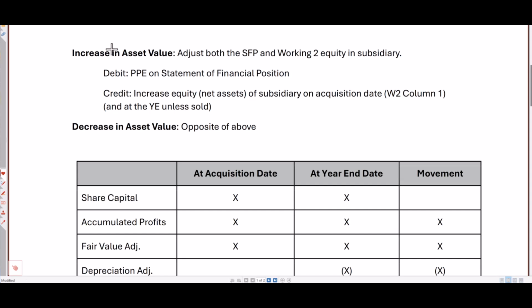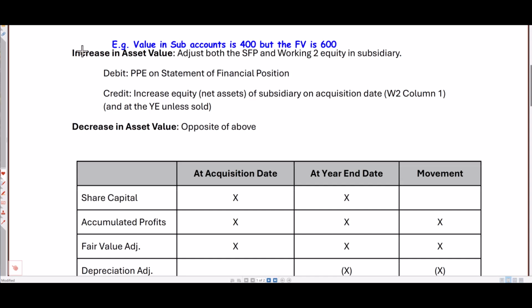So for example, in the question, they'll say something like the value in the sub accounts is 400, but the fair value is 600.